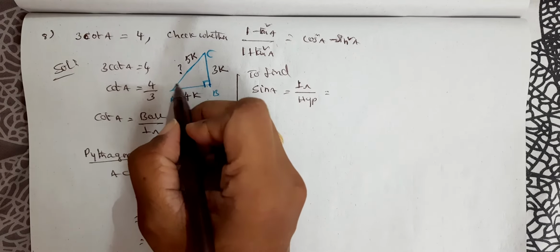So we got the sin A value to be equal to 3 by 5. Now next one, what do we need? Cos A. Cos A is equal to base by hypotenuse, or rather adjacent side by hypotenuse. From this triangle, if this is A, this is the adjacent side and this is the hypotenuse. So therefore it is 4k by 5k, which is equal to 4 by 5. So we got the value of cos A.